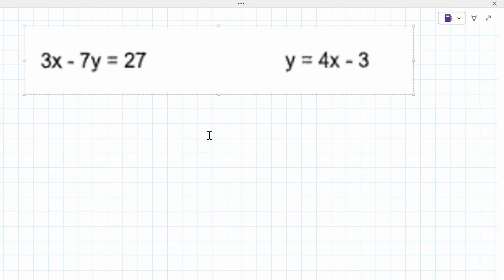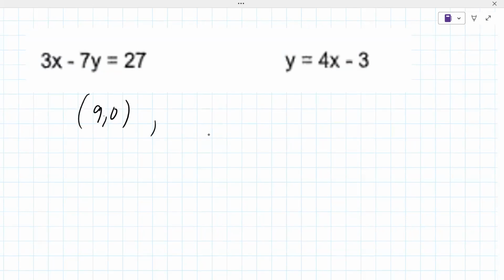The first one, x is 9, it'd be 9, 0. So the x-intercept, I agree. It's 9, 0. These are in the better format. And then this is negative 27 sevenths, I guess, for the y-intercept, so 0, negative 27 sevenths. Kind of a weird one, but they didn't make it work out nice. All right, looks good to me.